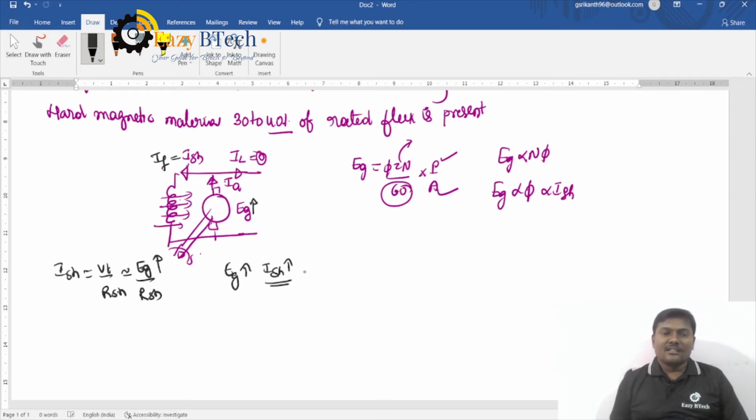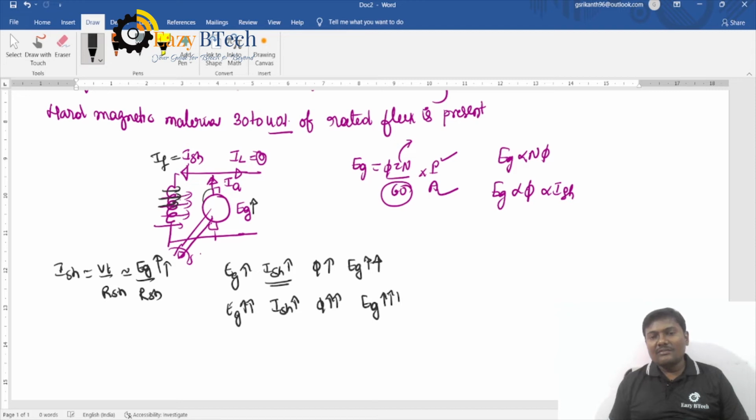As the field current increases, the number of flux lines produced by the field winding also increases. Then the cutting action increases, and the generated EMF increases further. If Eg increases further, again the shunt current increases, the number of flux lines increases, and the generated EMF increases still further.